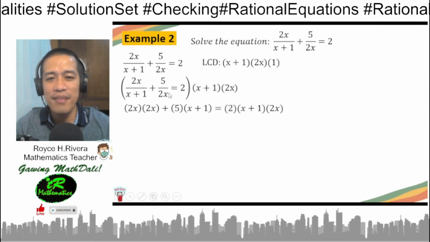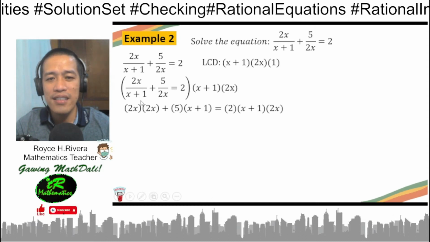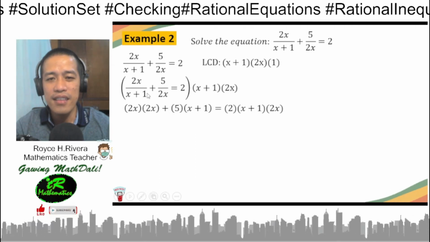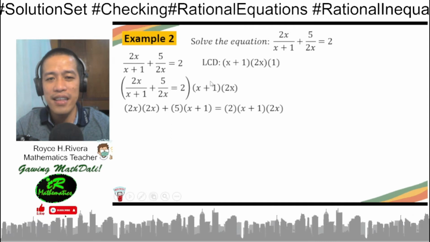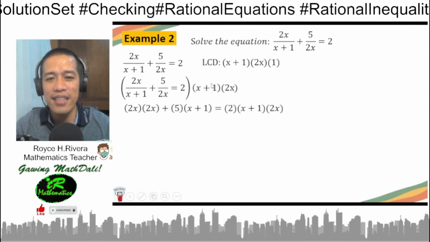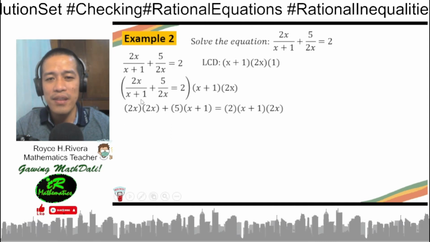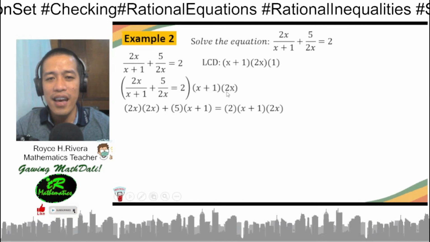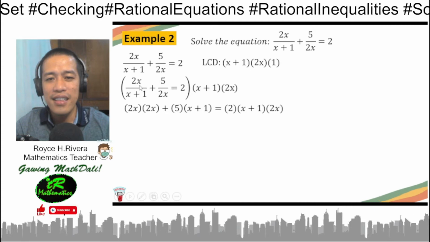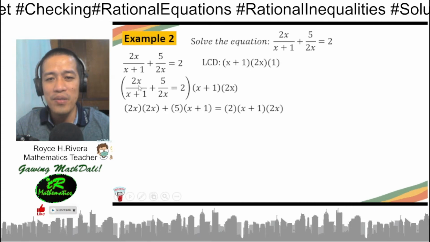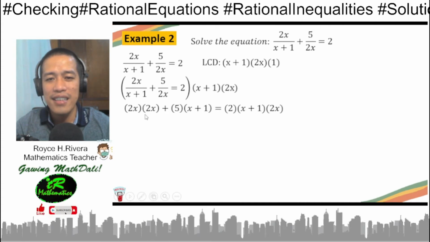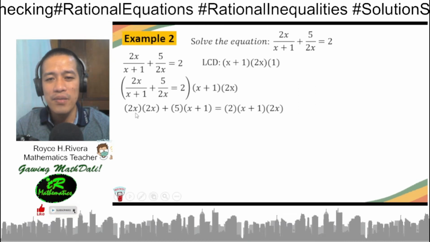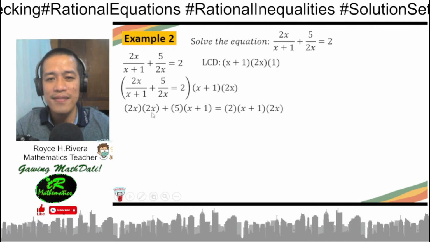The LCD multiplied by 2x over x plus 1. The denominator x plus 1 and x plus 1 in the LCD will be reduced to lowest term, and that is equal to 1 times 2x and times the numerator 2x. So we have the product of 2x times 2x.